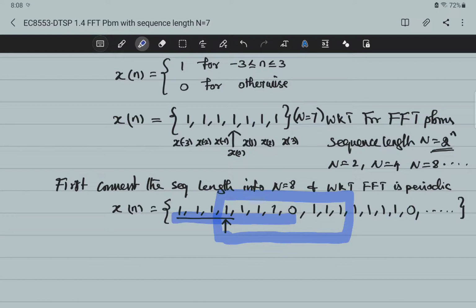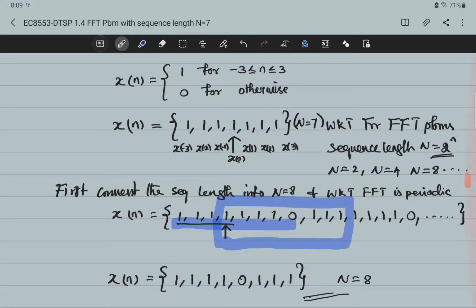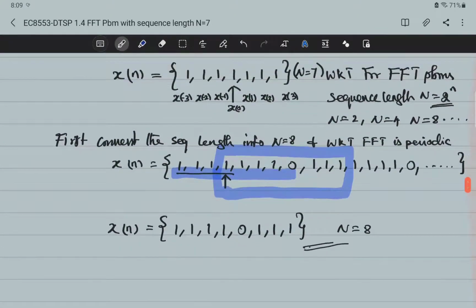So now the sequence becomes x of n equal to 1, 1, 1, 1, 1, 1, 1, 0, 1, 1, 1. So this is N equal to 8. This is the required question, so we have to use this sequence for solving the problem.